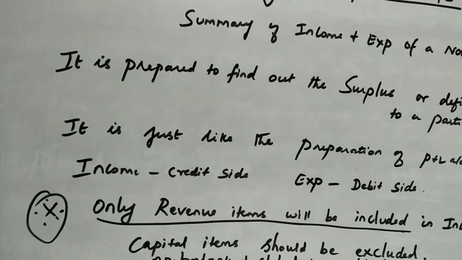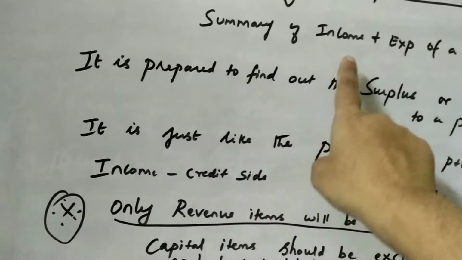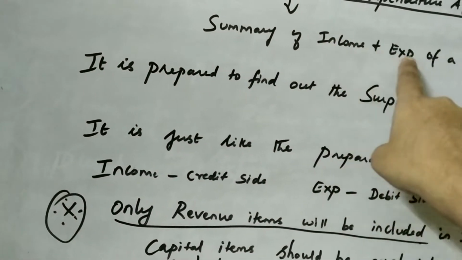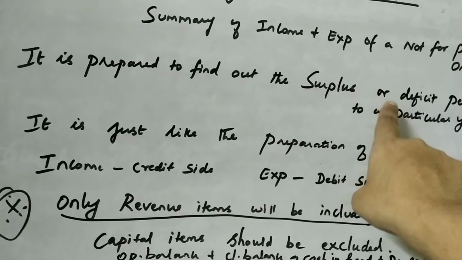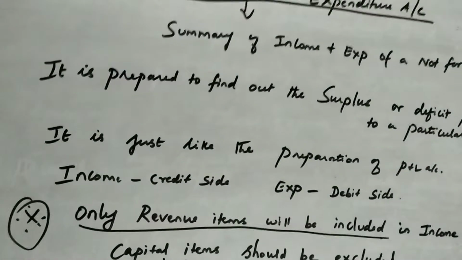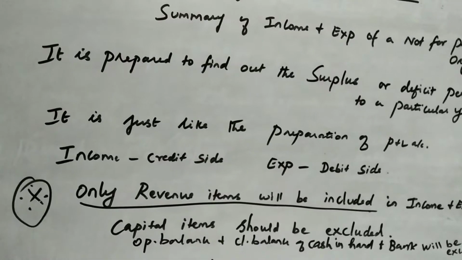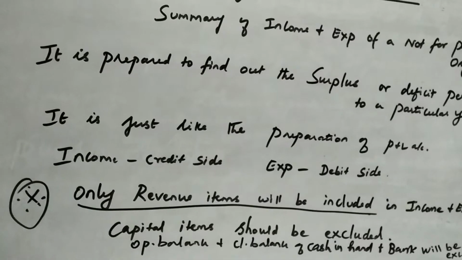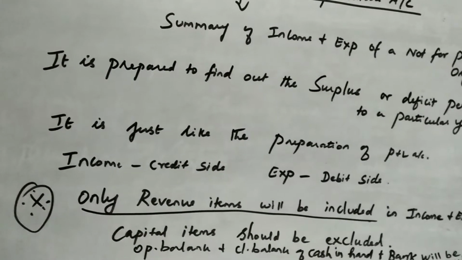Similarly, in case of not-for-profit organizations, we prepare the statement of income and expenditure in order to find out the surplus or deficit which is pertaining to a particular year. As you know, all the incomes will be shown on the credit side, expenditure on the debit side.